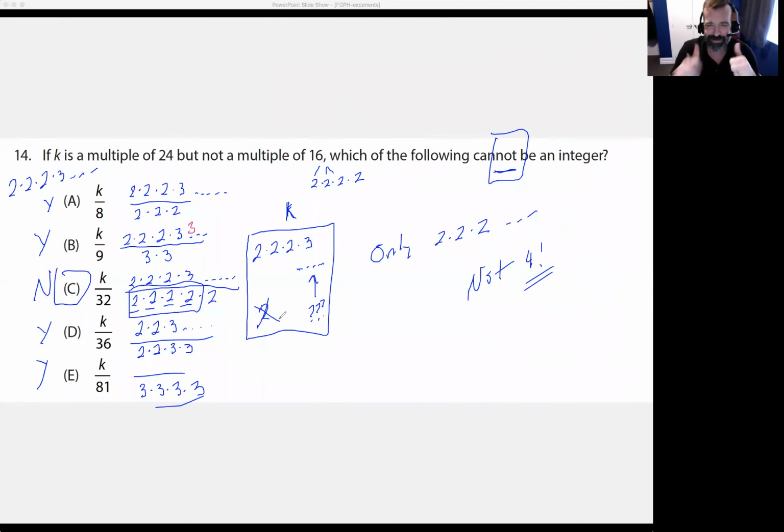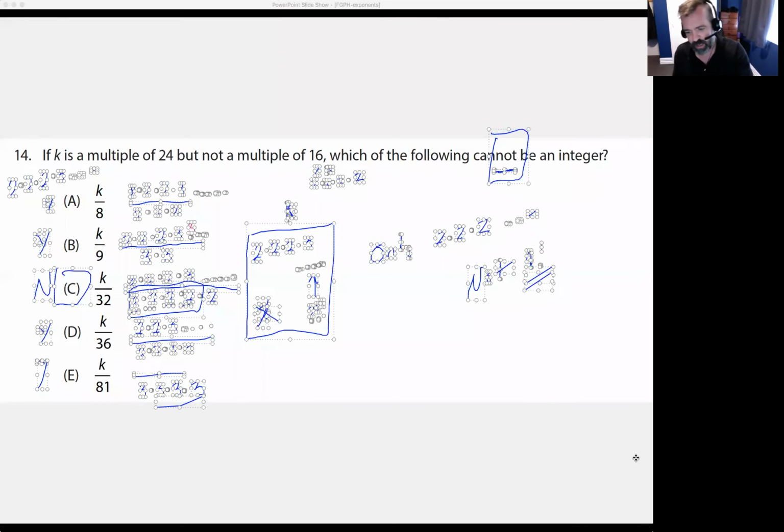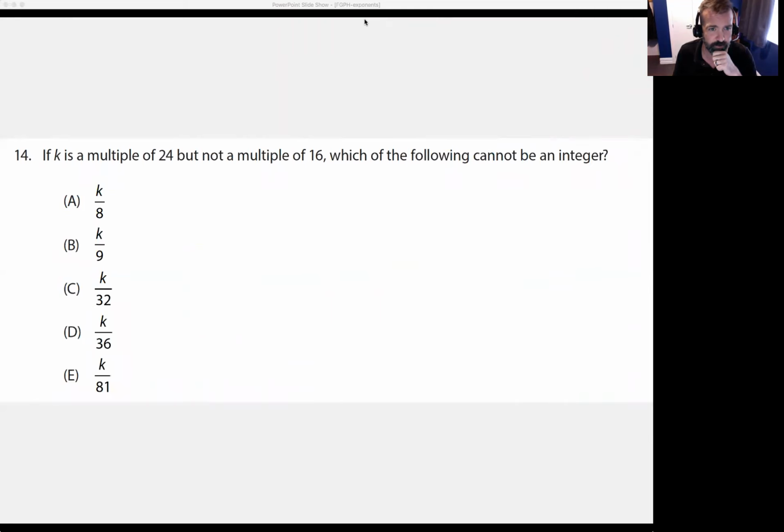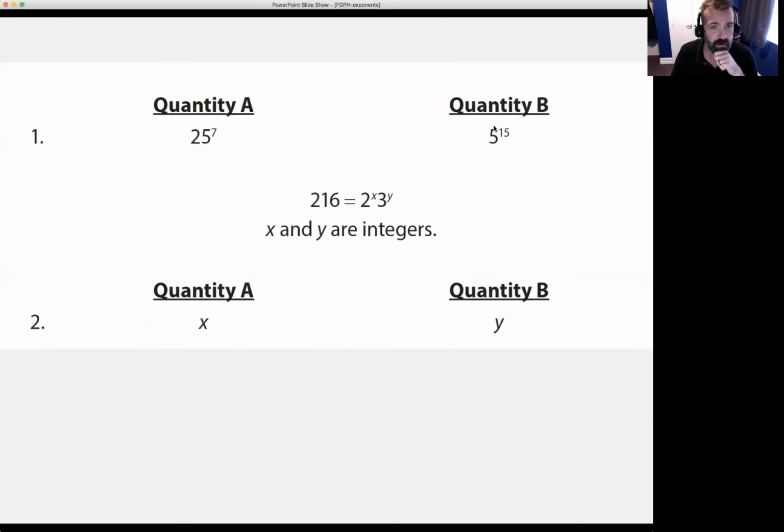Go play, have fun. All right, let's wrap it up by moving this skill to someplace it might not be expected, where it can be helpful to you. If I'm faced with a question regarding exponents, like say 25 to the 7th power versus 5 to the 15th power, exponent problems can be used to compare exponents.